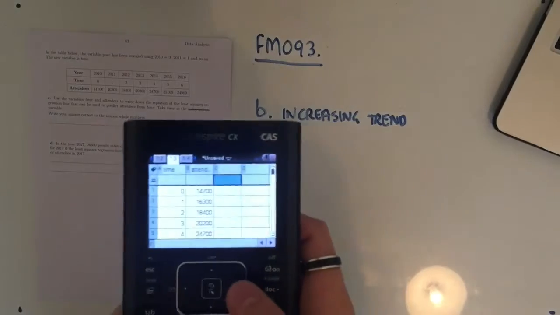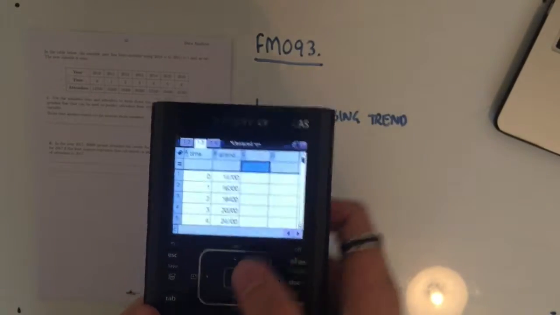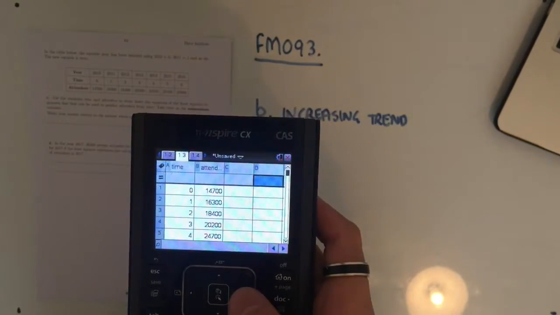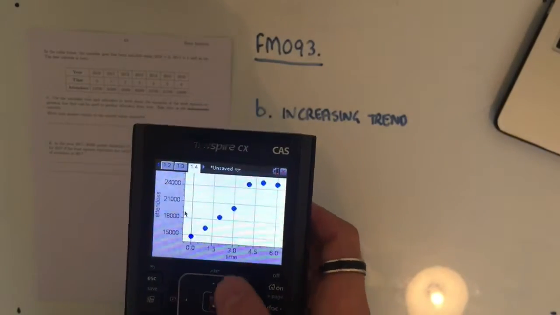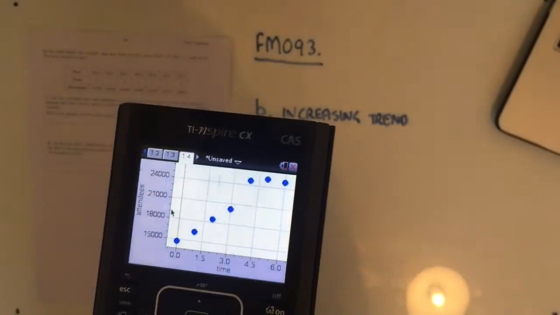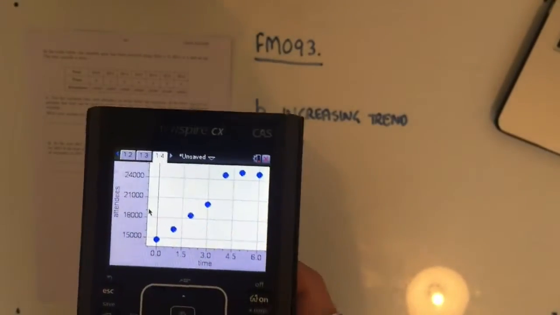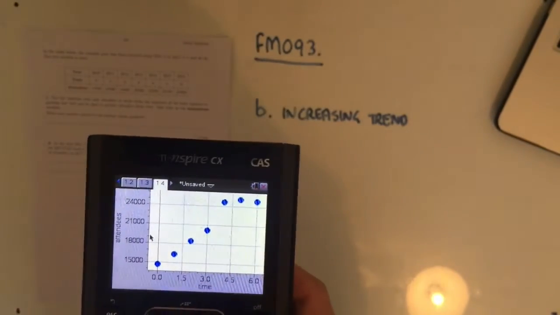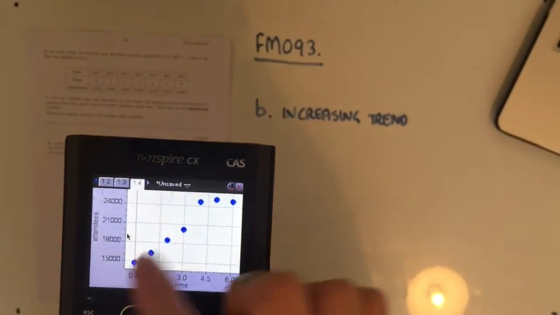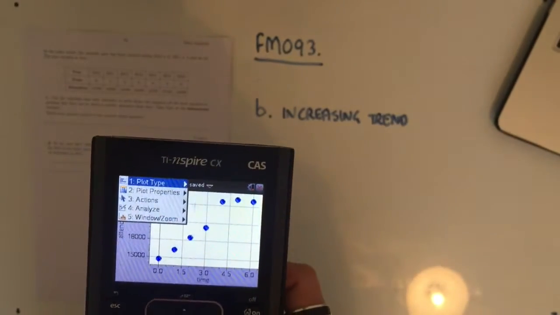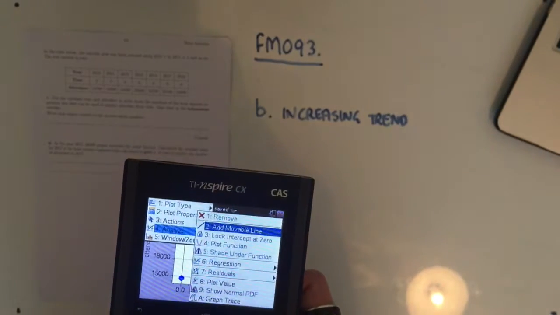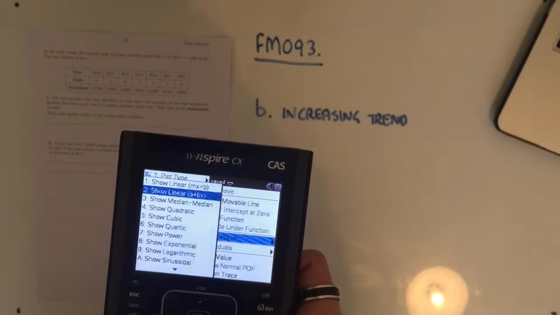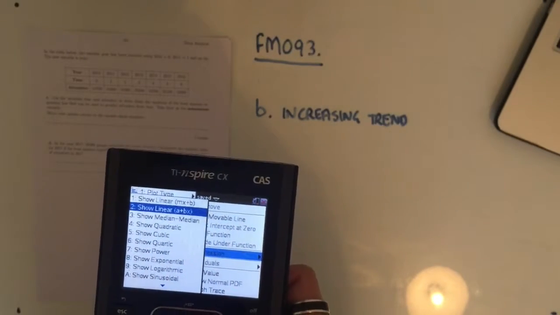I'm going to stand up here and show you. I've plotted in my time and my attendees, and then I hit Control-I to open up the statistics spreadsheet. I've put my attendees as my y-axis or response variable, and time as my x-axis or explanatory variable. Once these have been plotted in, I can go Menu, Analyze, Regression, and then show a linear a plus bx, because that's the form you want to give this answer in.